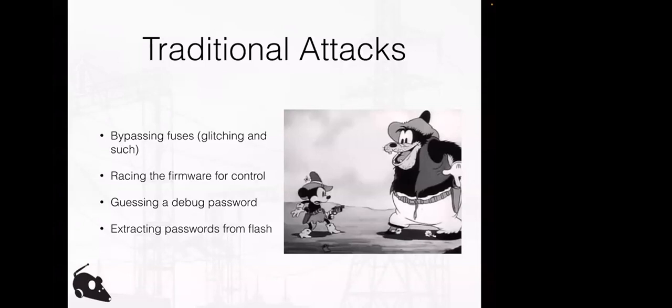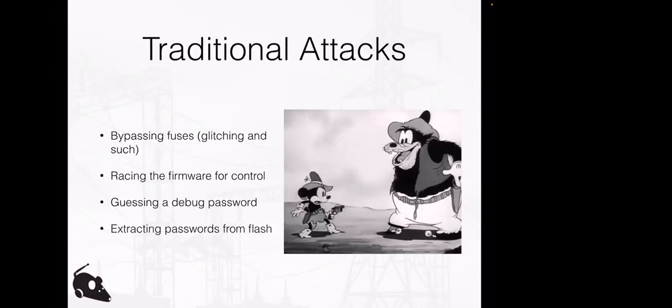You could also just guess a debug password. Most debug passwords are very simple. A lot of them are 32-bit, so you can iterate very quickly if you have a hardware test harness. Or you could simply extract passwords from Flash, because unfortunately a lot of security models, and this is still true today as it was 5 or 10 years ago, have no security in the actual PCB or the microcontroller used on the PCB.